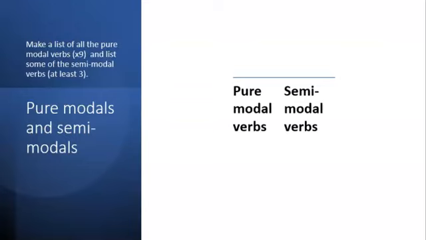From the homework, we've learned that there are two different types of modal auxiliary verbs. There are pure and semimodals. I'd like you to pause me for a moment and put these into two categories. That is, come up with the 9 pure modal verbs and at least 3 of the semimodal verbs.